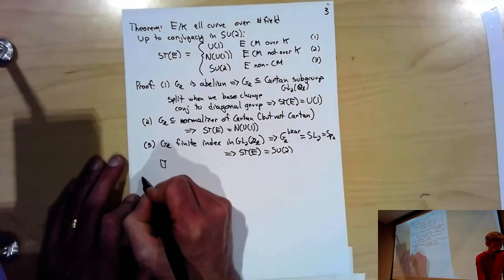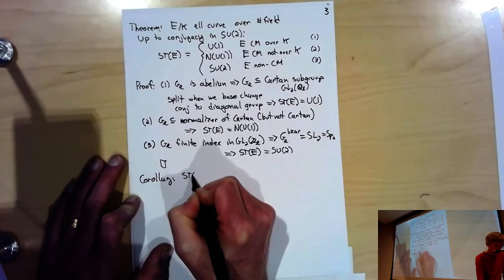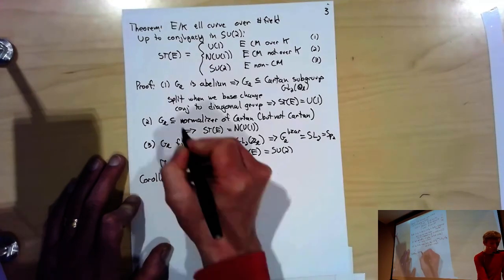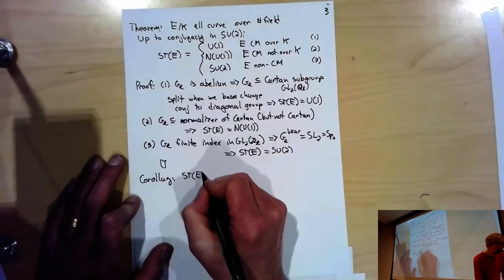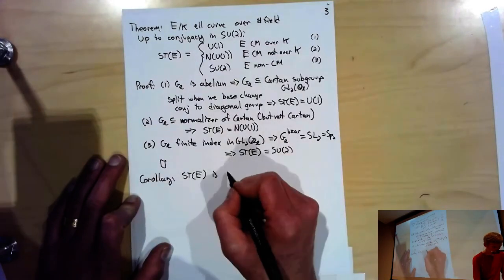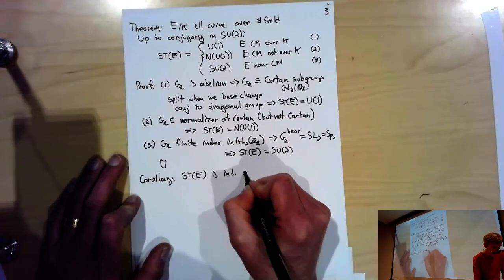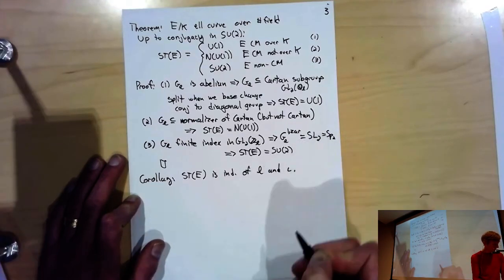And then as a corollary to this theorem, well, it didn't depend on which L I used. The statement of the theorem didn't involve L, and it didn't involve any particular embedding. Okay.